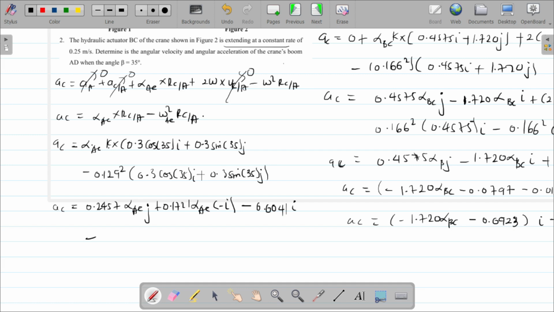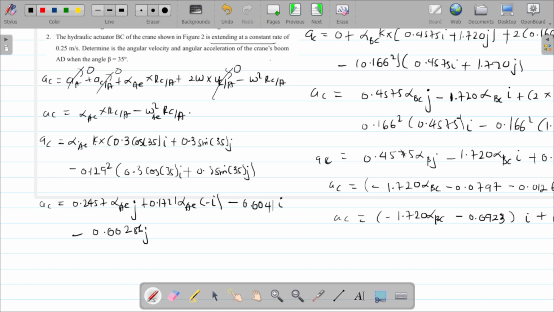That is 0.00286 J. Okay, so you group them into I and J components, right?